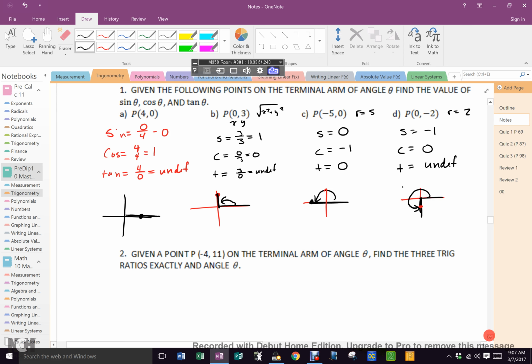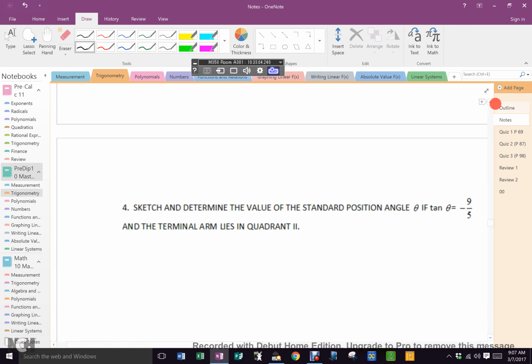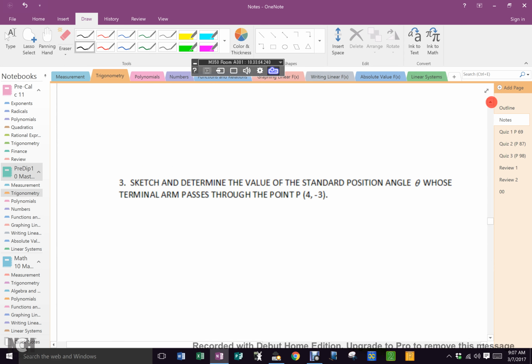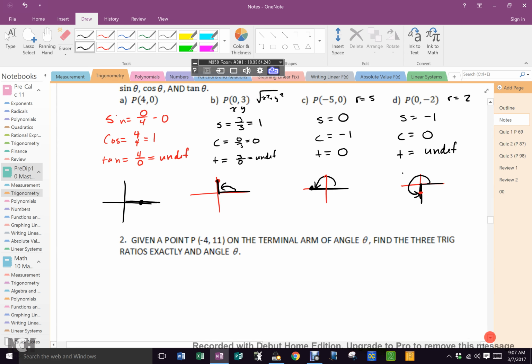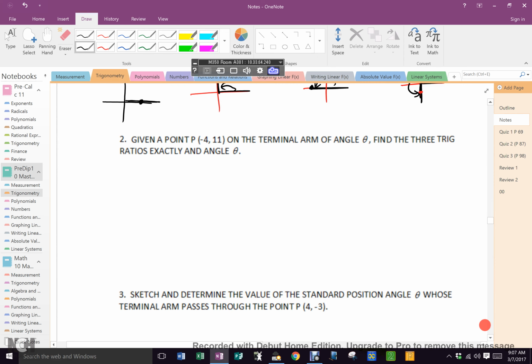Let's see what happens when it's not a perfect one. So, look at this next question. Now, let's think about this. We have negative 4 and 11. So we have an x and a y, don't we? And we can find the r, yes? But we're not going to find the r yet. We're going to sketch it so we can see.